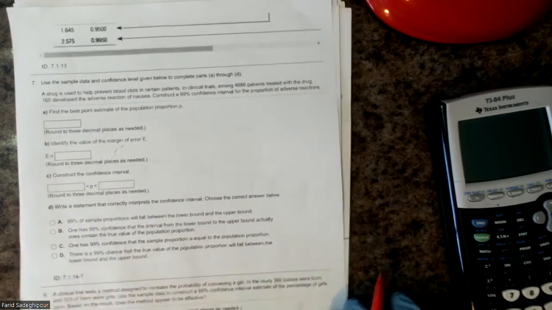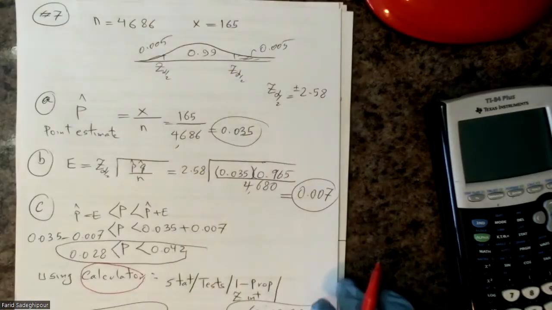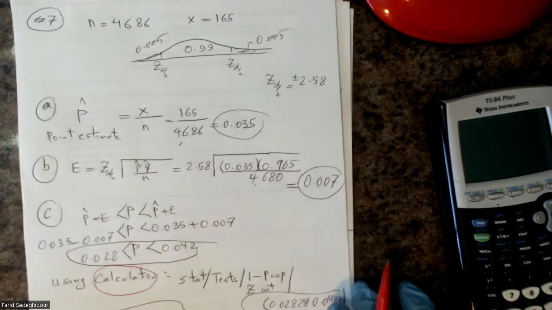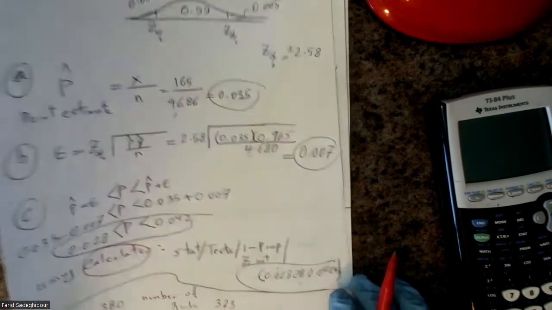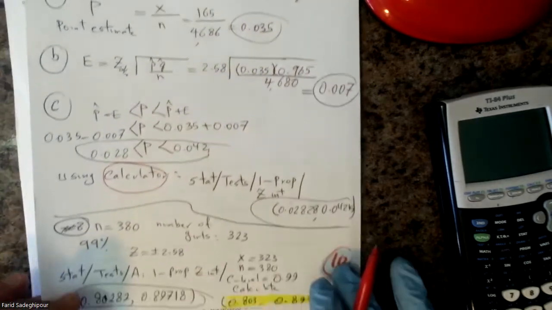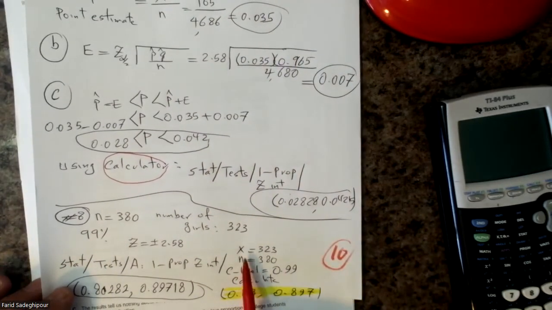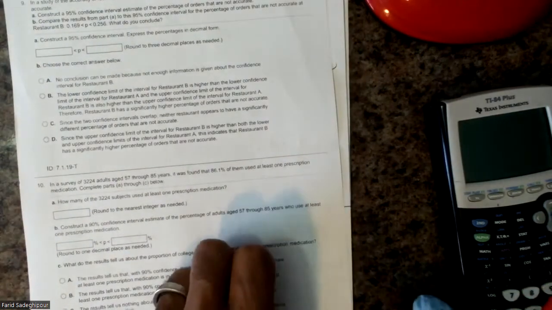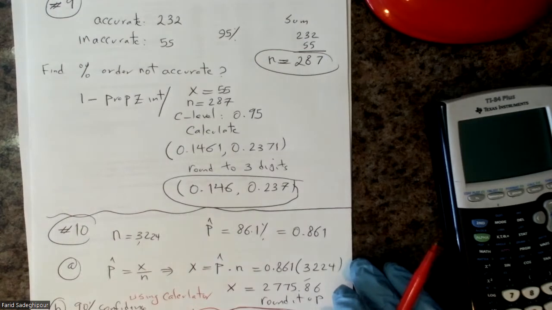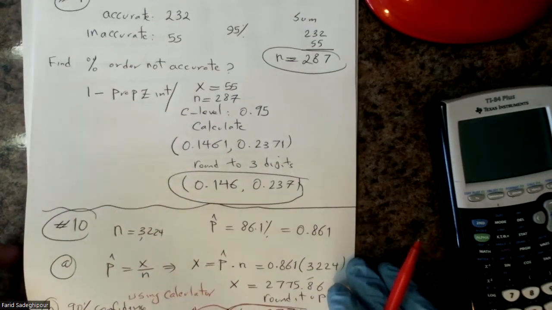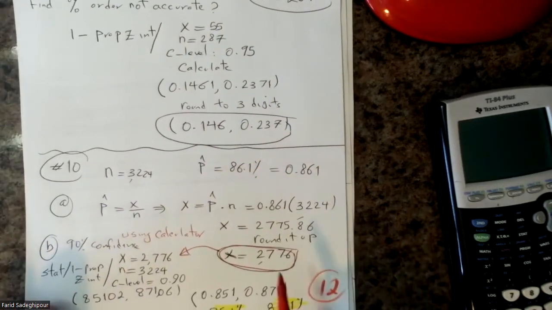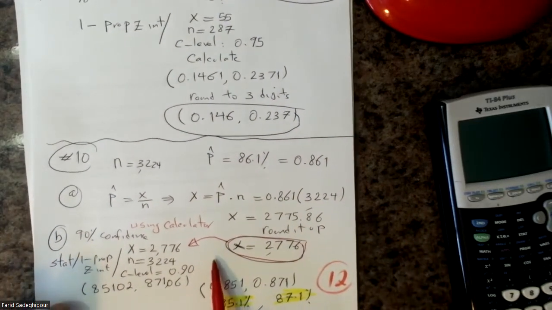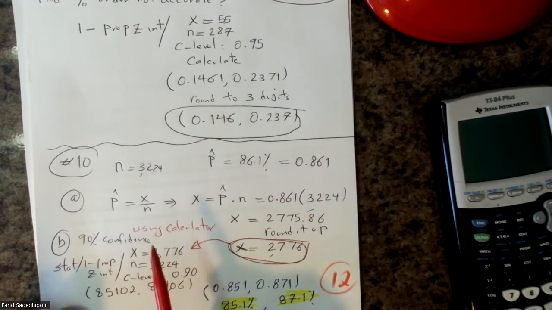Again, these problems, 7 and 8, they all are very similar. So if you want to use a calculator, you just need this information. Remember, if you want to use a calculator, it needs the x value.